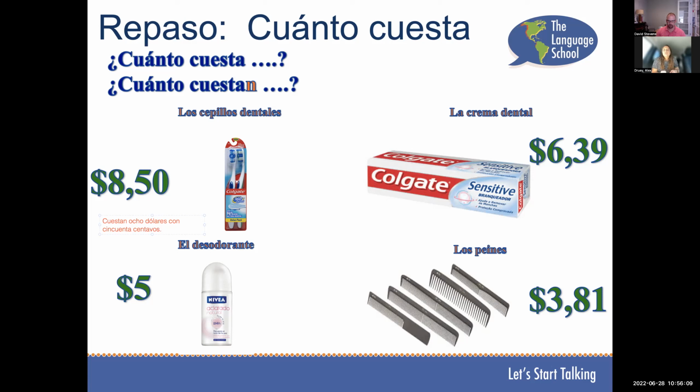El desodorante cuesta $5. Perfecto. ¿Y cuánto cuestan los peines? Los peines cuestan $3 con 81 centavos. Ok, muy bien.